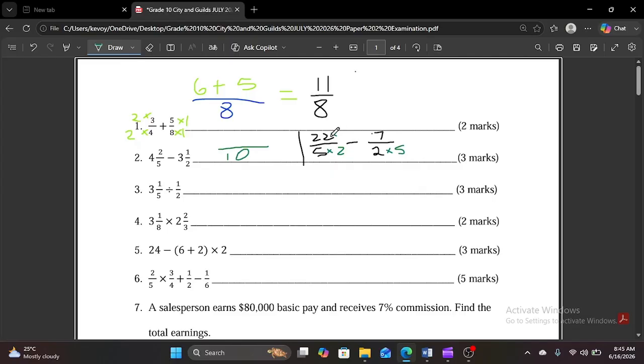So you multiply that 22 by 2, which gives you 44, minus. If you multiply the bottom 2 by 5, you have to multiply your 7 by 5 as well. 5 times 7 is 35.